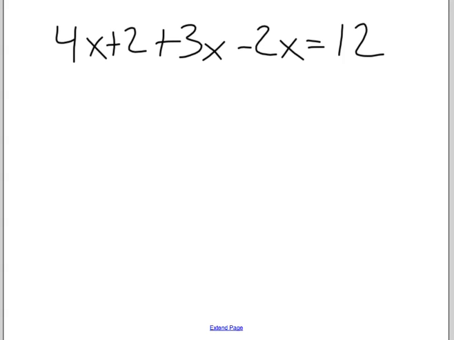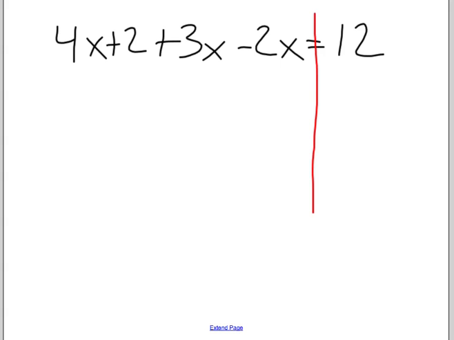And don't freak out because you don't understand what's going on. On these problems, it's similar to what we were doing, except we still have our sides. And I need to simplify like terms on each side of the equation. I don't have any like terms on the right-hand side of the equal sign, so that's simplified down already. Do I have like terms that I could combine on the left-hand side, though?